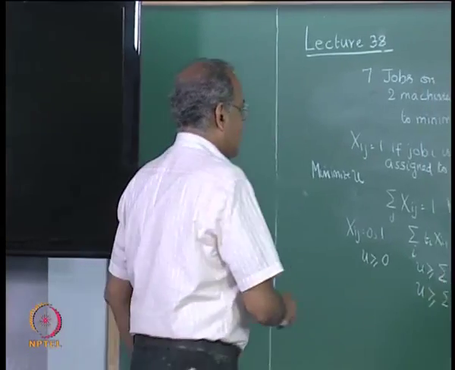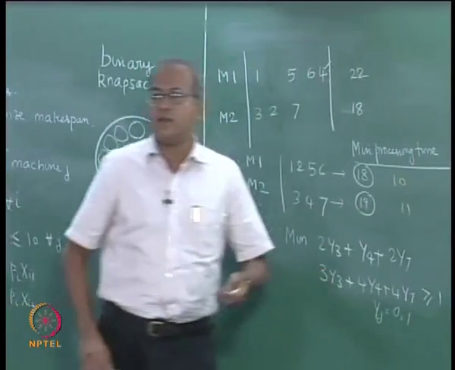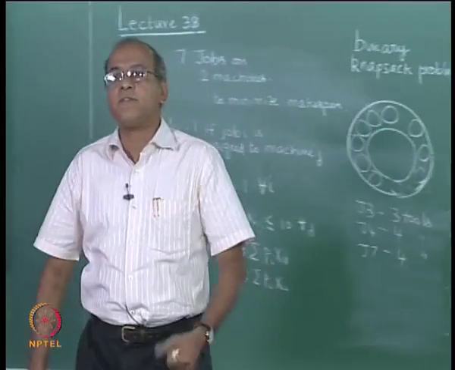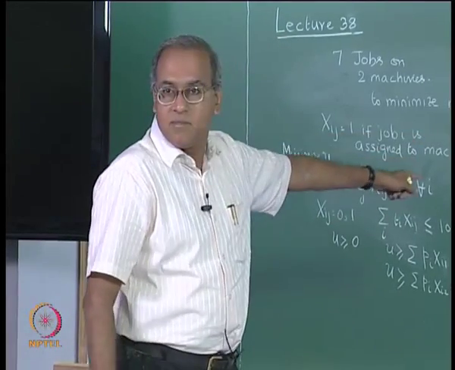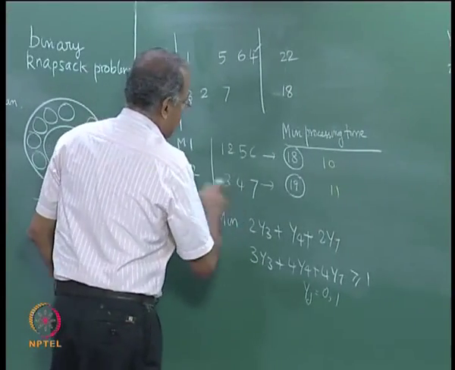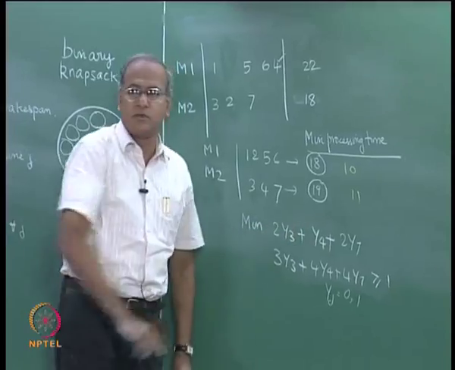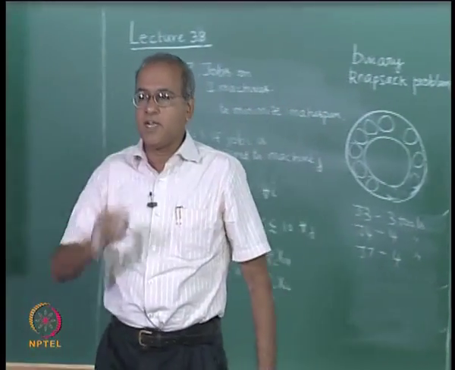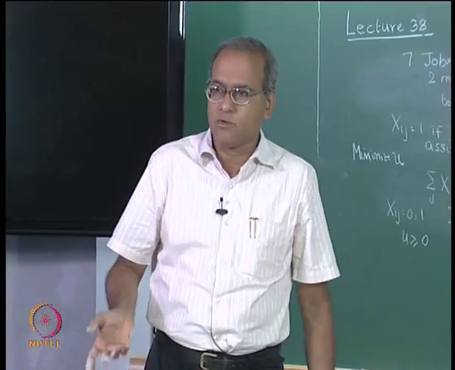Now, when I start doing this, I know that the solution with 18 and 19 is feasible, because based on minimum processing time, I have allocated 1, 2, 5, 6 to M1 and 3, 4, 7 to M2. 3, 4, 7 together has 11 tool slots, but by putting 3 and 7 together, I can save 2, so I need only 9 tool slots.